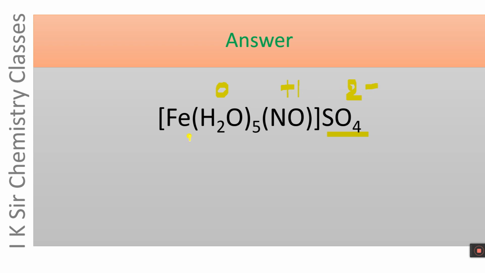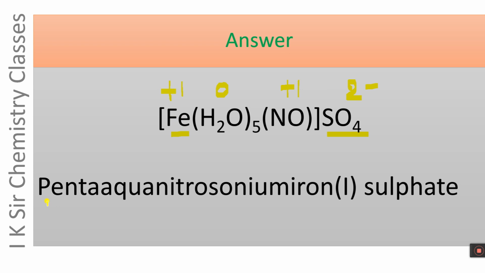Therefore, the oxidation state of iron will certainly be +1 and its IUPAC name is pentaaquanitrosoniumiron(I) sulfate. Very interesting compound. Pentaaquanitrosoniumiron(I) sulfate.